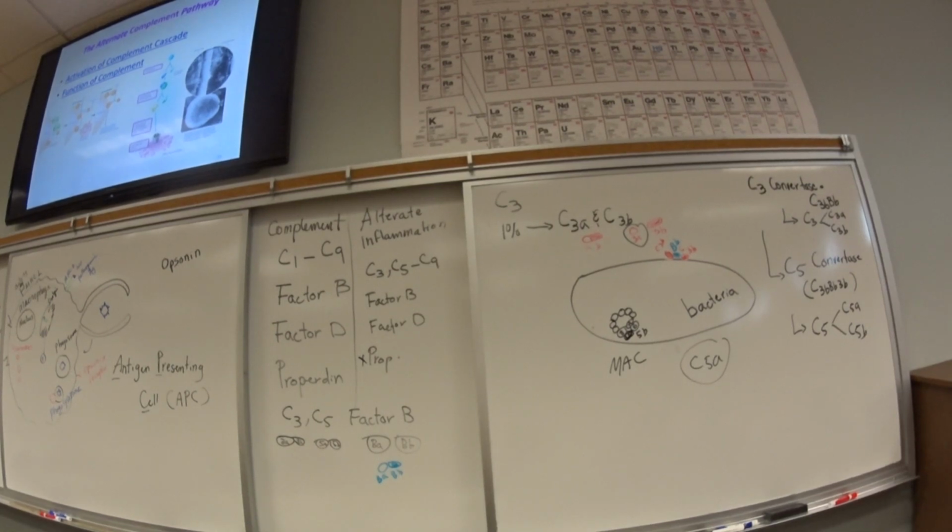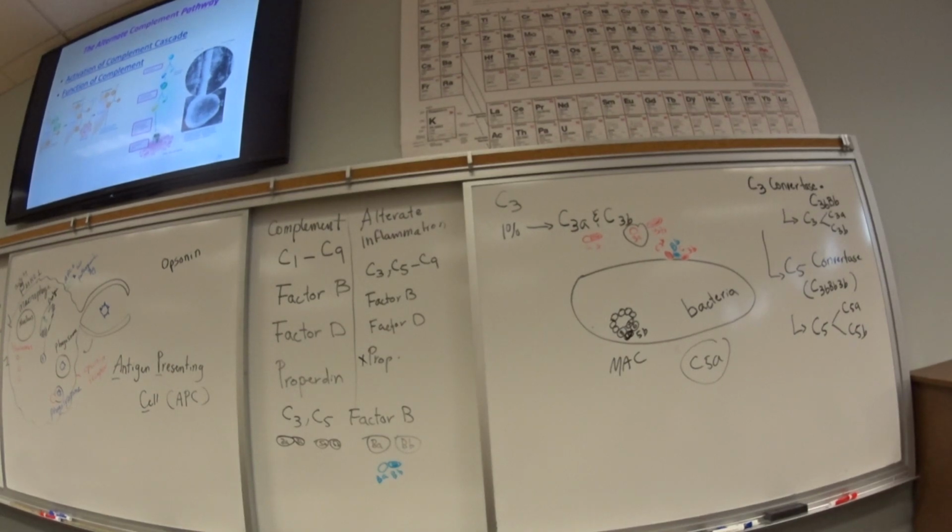To make it simple, say C3 is important for activation of complement proteins. C3 on its own naturally splits, or 1% of it gets activated. And how do they get activated? They split into A and B. If C3b finds a bacteria or a fungus, it will attach to the surface of it.